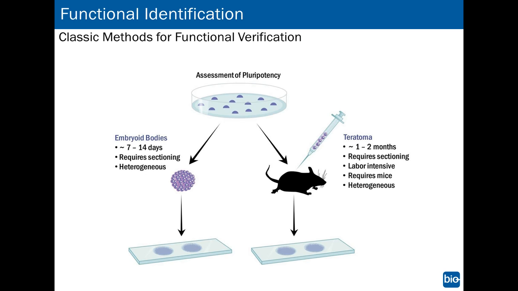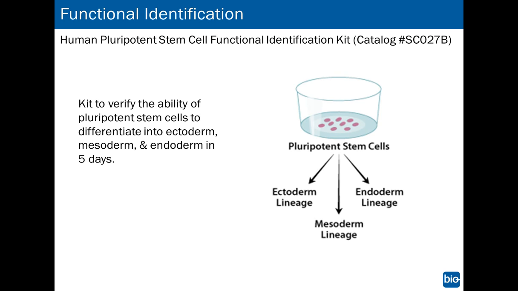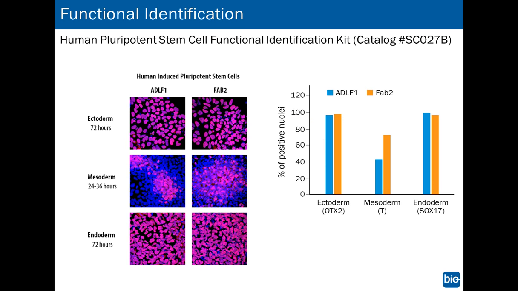And so to try to improve upon the pluripotency assessment, our team developed a human pluripotent stem cell functional identification kit, which includes growth factor cocktails that push the induced pluripotent stem cells into the 3 different germ layers, ectoderm, mesoderm, and endoderm, in just 5 days.